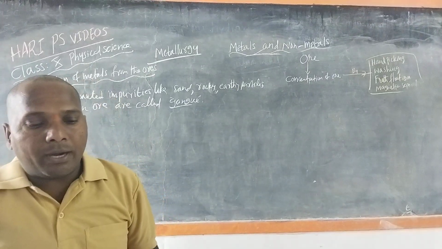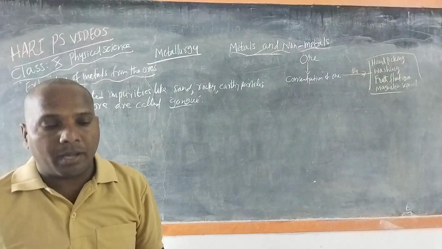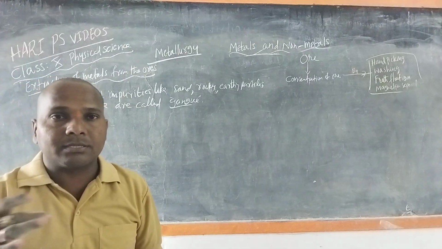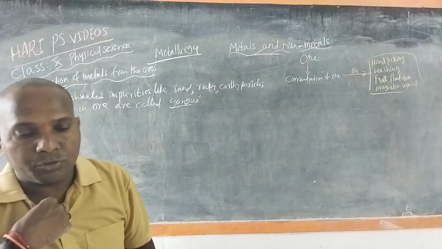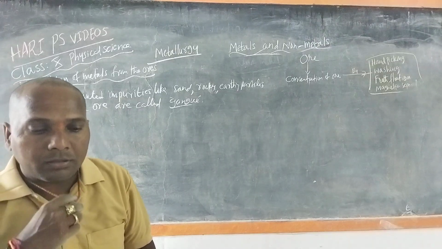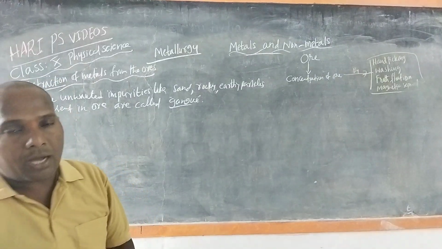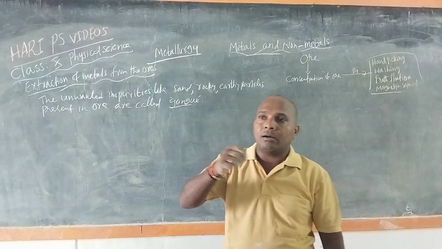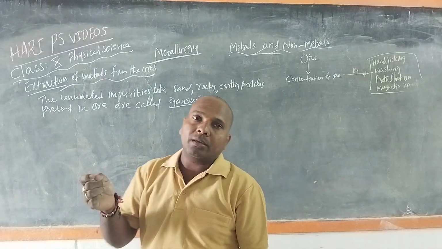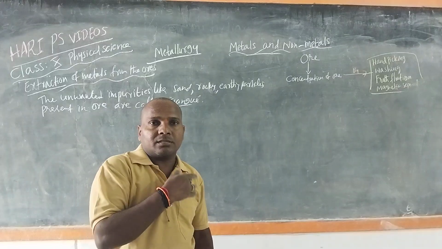If the ore particles and the impurity particles are different in one of the properties, like color, size, etc., then using that property the ore particles are hand picked, separating them from the other impurities. We have different separating techniques: hand picking, sieving, distillation, fractional distillation, sublimation.